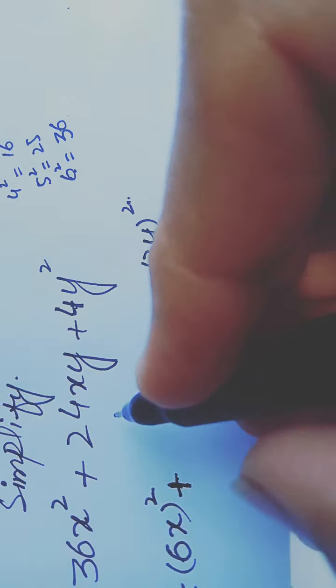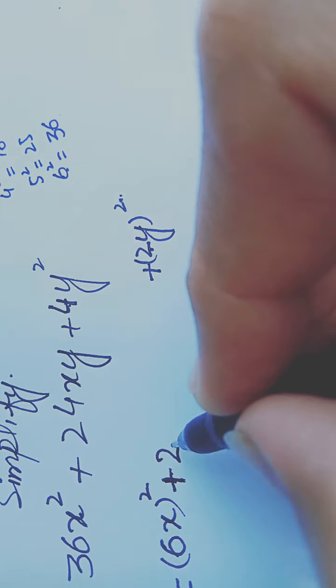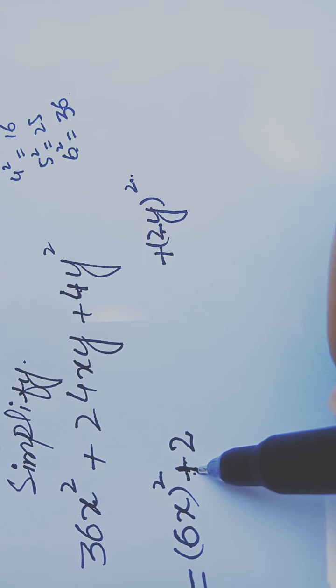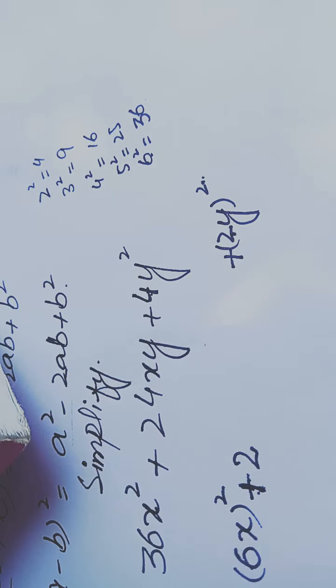And here you have to write the 2 from the formula. Here is the sign of plus, and here will also be a positive sign. Six x square, and here will be the 2 from the formula.